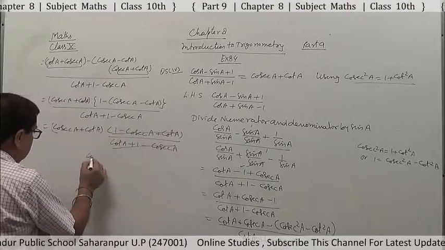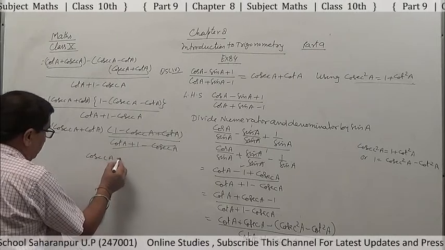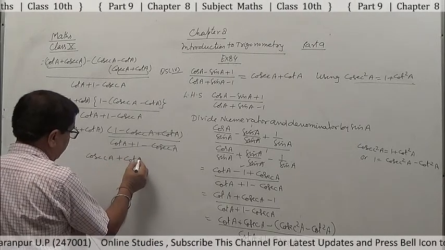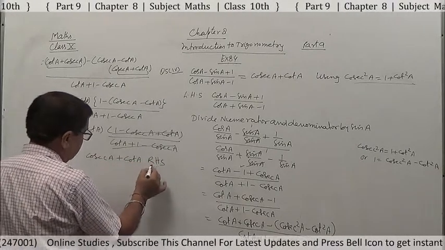So it is cosec A plus cot A, that is right hand side.